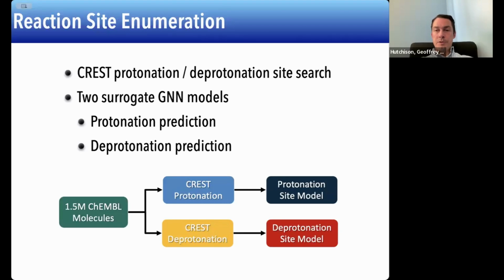And so we built up 2 surrogate graph neural network models to predict the protonation or the deprotonation results from CREST. So we fed in about 1.5 million molecules from ChEMBL. We did CREST protonation searches and CREST deprotonation searches, and then we used those as training sets for the protonation and deprotonation site models.